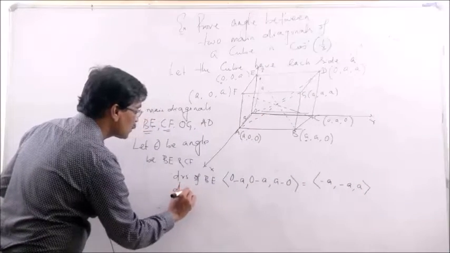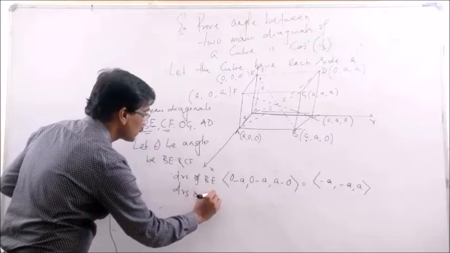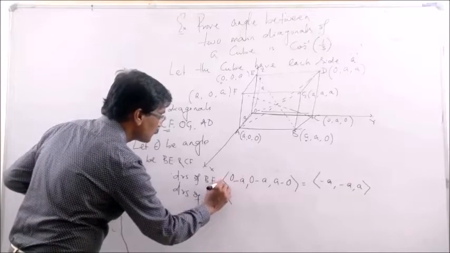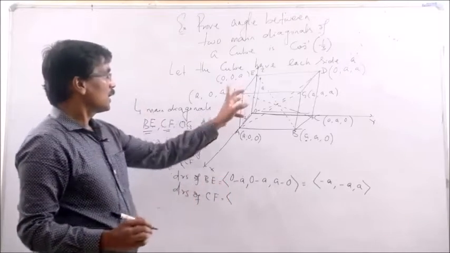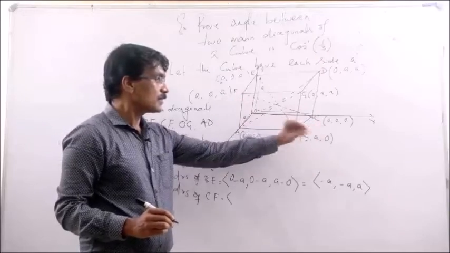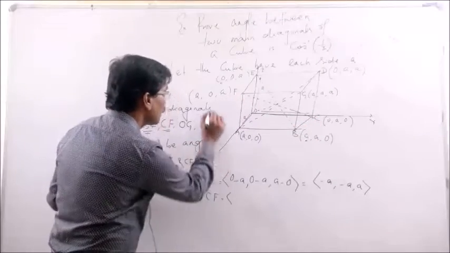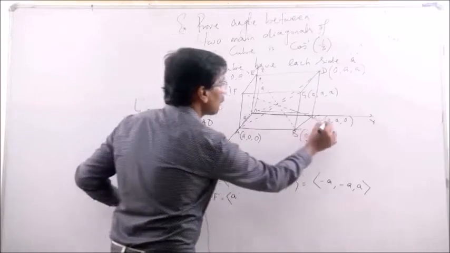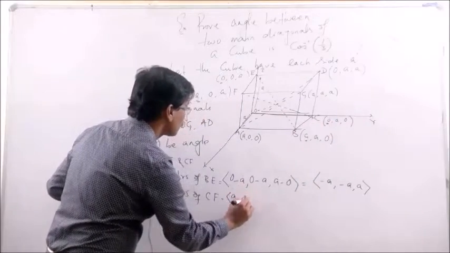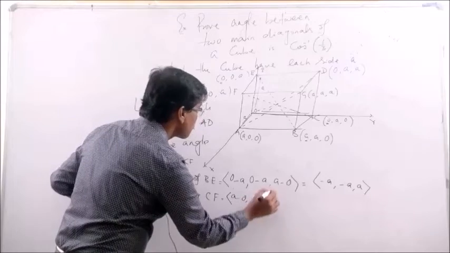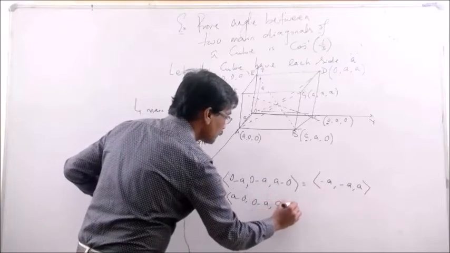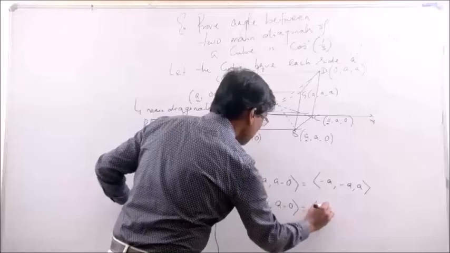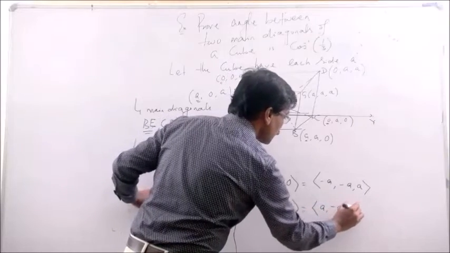And direction ratios of CF is equal to F minus C, that is a minus 0, 0 minus a, a minus 0, that is equal to (a, -a, a).